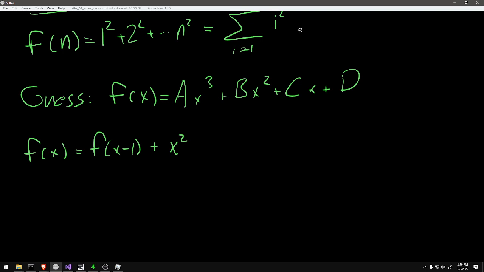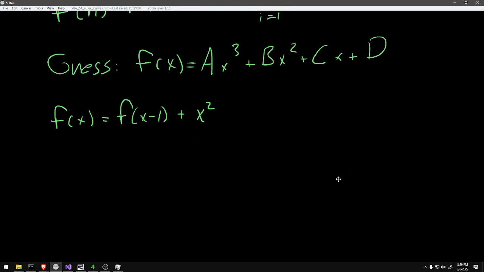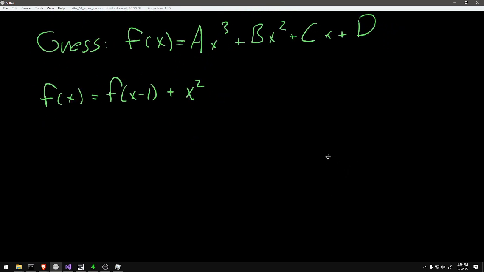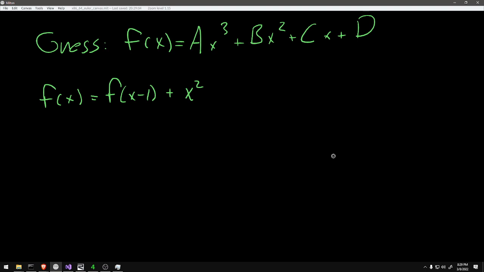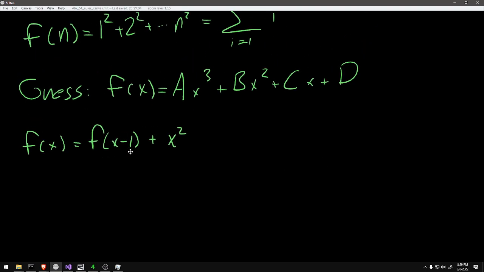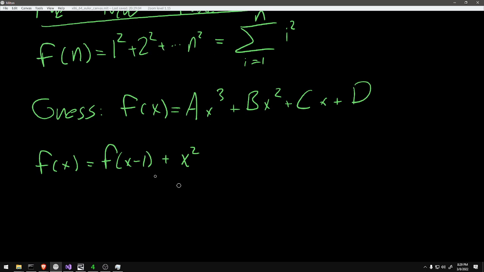So this was like in the domain of integers, and now I'm treating it like a polynomial where x can be anything. That might seem like it's complicating things, but it's going to mean we can use those strong tools of like simple polynomial algebra to come up with a formula. And since it's following the same rules that this is following, if it works, we should probably have a solution to this, right?